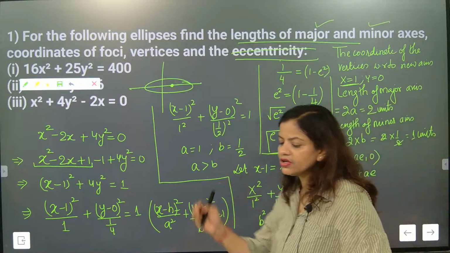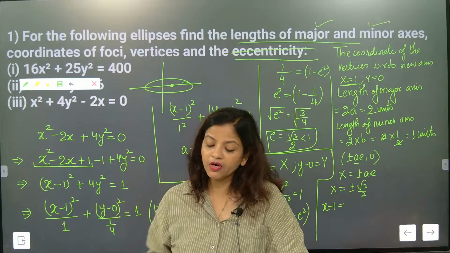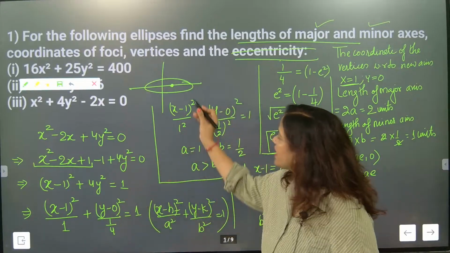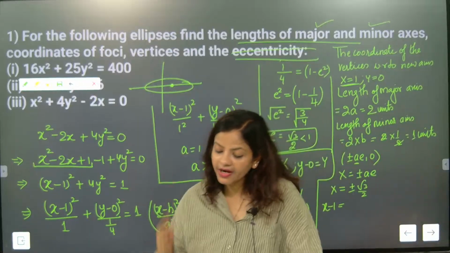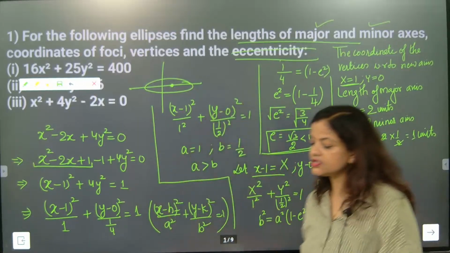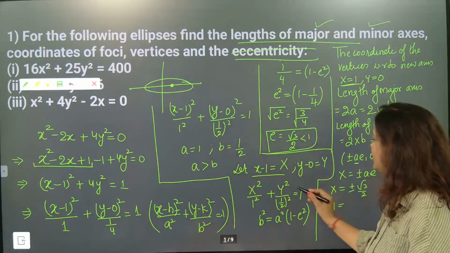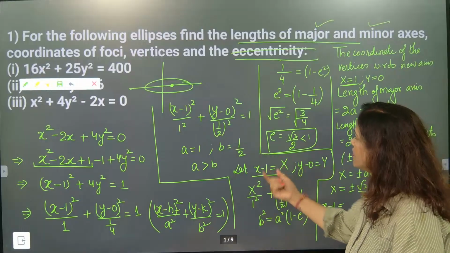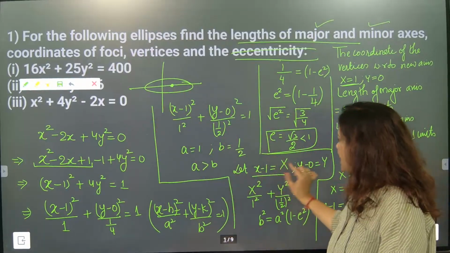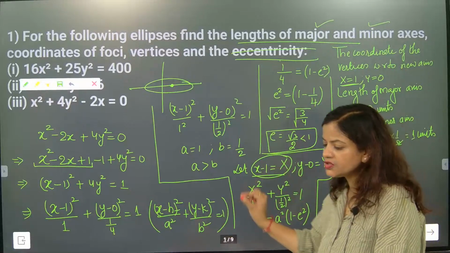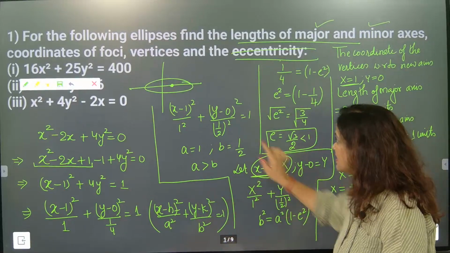No matter you are shifting, one big thing you are doing: we have tried to shift our content by substituting this one, and now we try to convert it into the standard pattern. But one thing we must not forget: the moment you write this, we have to go back again. Writing this is just for converting it into the standard format, but our main content is this one.